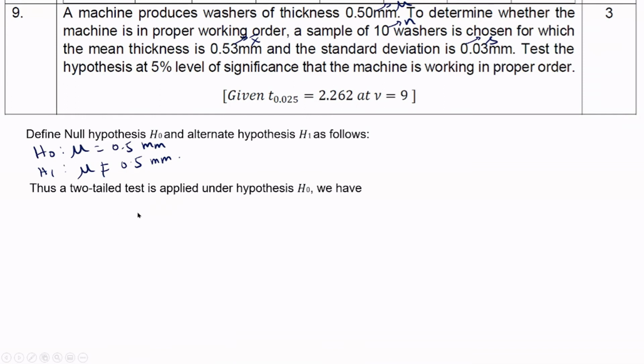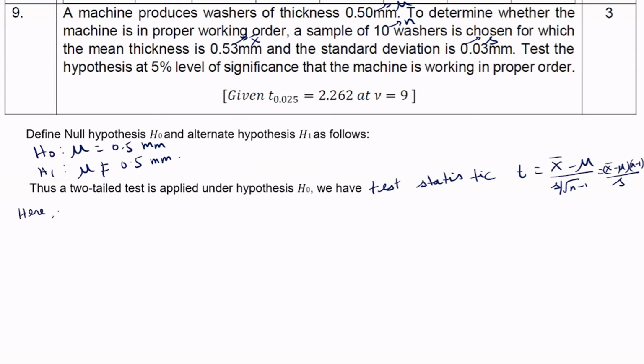So a two-tailed test is applied under hypothesis H0 and we have the test statistic t equal to x bar minus mu upon s by root of n minus 1, or it is equal to x bar minus mu into root of n minus 1 upon s.